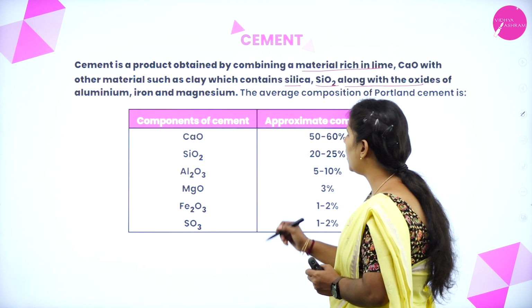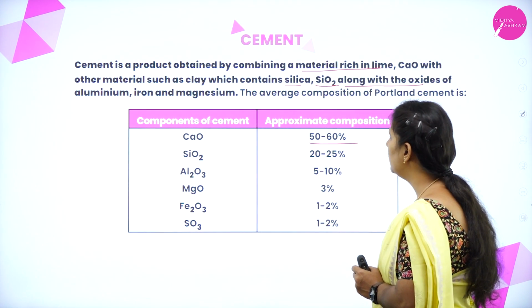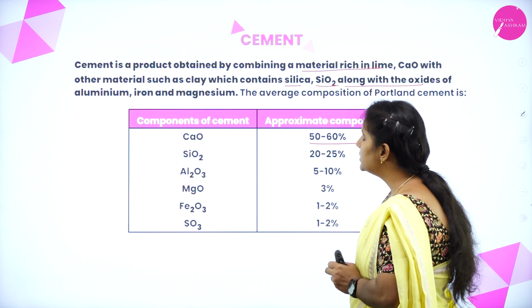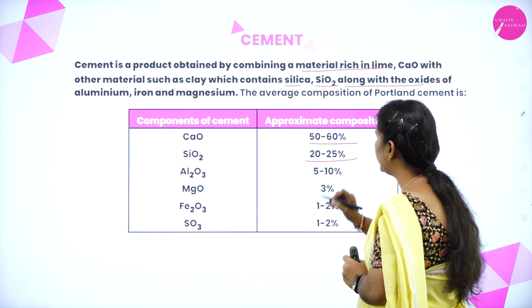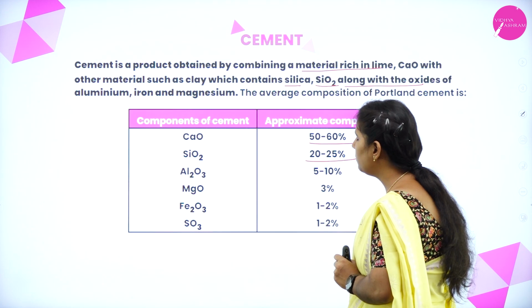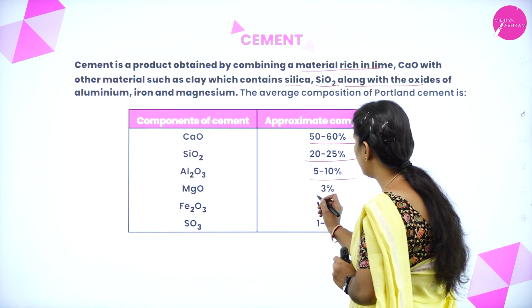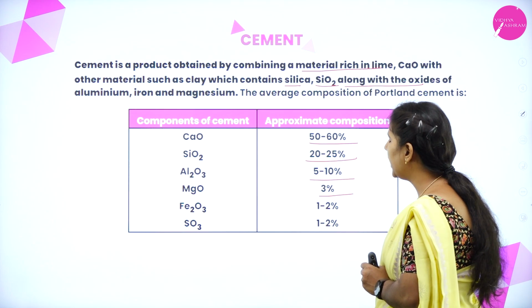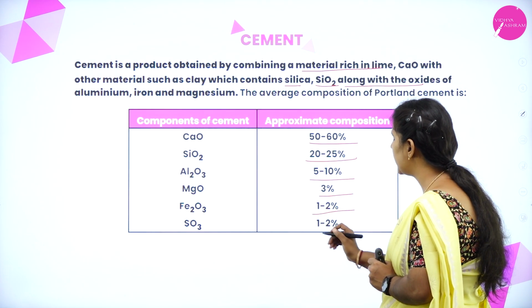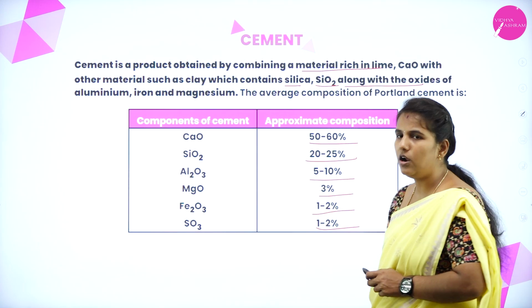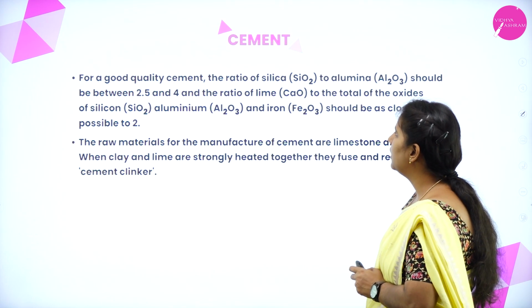Calcium oxide is around 50 to 60%. Silicon dioxide is around 20 to 25%. Aluminium oxide is around 5 to 10%. Magnesium oxide is around 3%. Iron oxide is around 1 to 2%. And sulphur trioxide is around 1 to 2%.